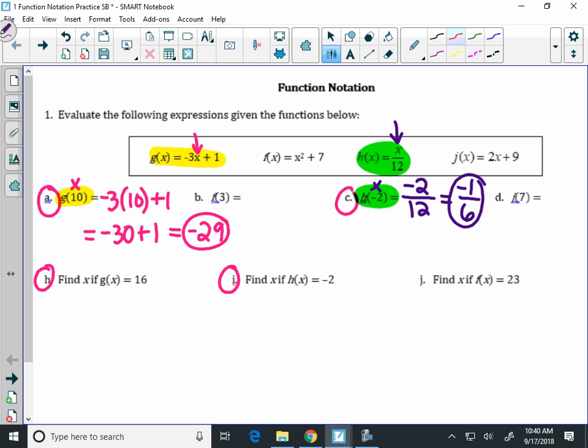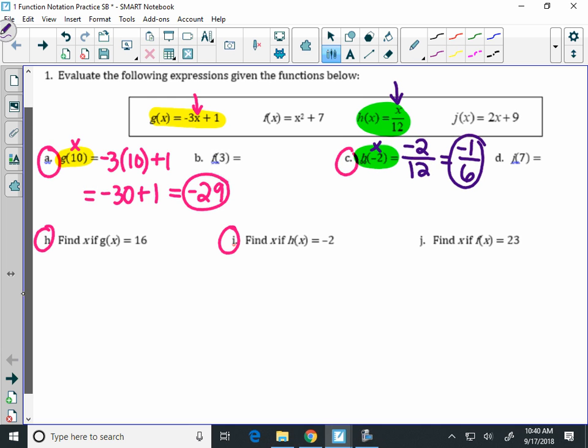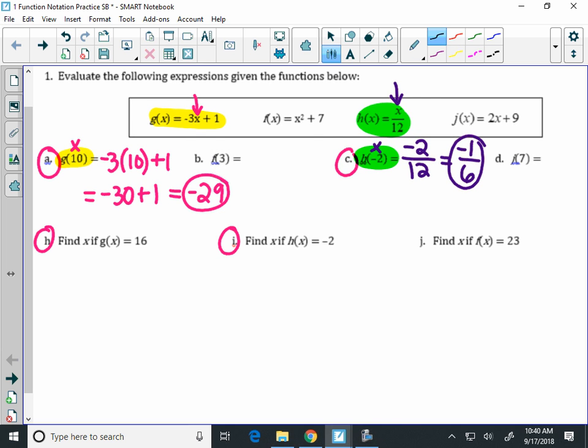For H, I'm going to use g again. It says find x when g of x is 16. That 16 is a y value. When it is not in parentheses, when they give you the y value, you're going to take that value and set it equal to the function of g of x, negative 3x plus 1.